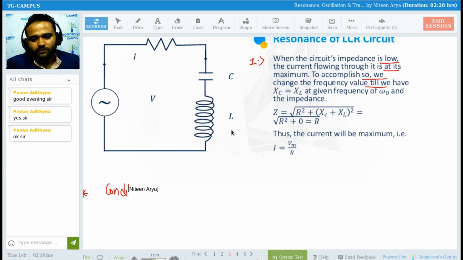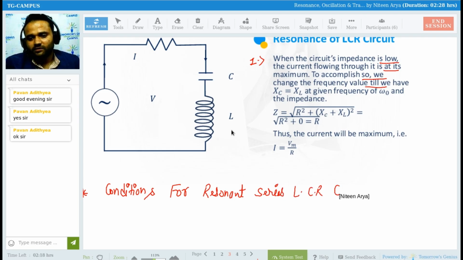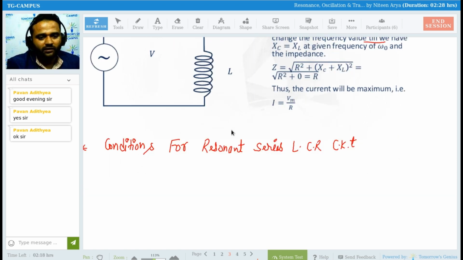Separately I write it down here: conditions for a resonant series LCR circuit. The basic conditions are written like this, and instead of the words resonant circuit you can find these lines to identify that a particular circuit is a resonant circuit.